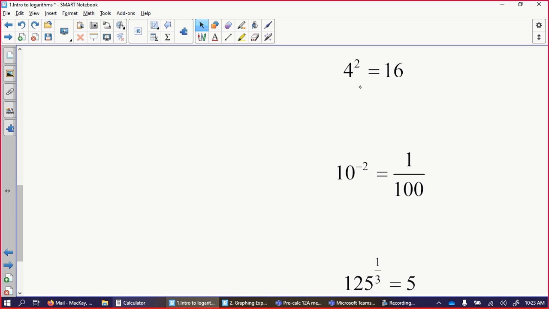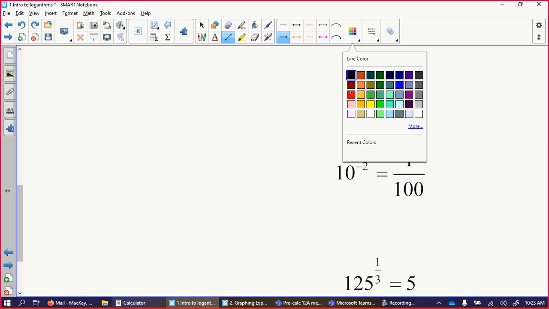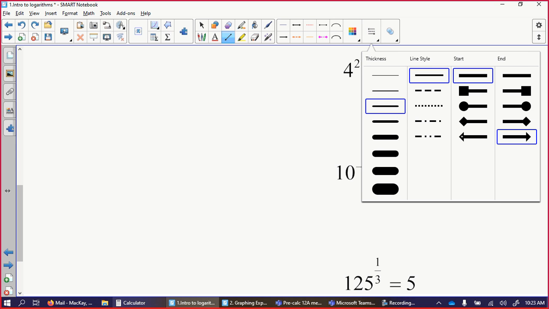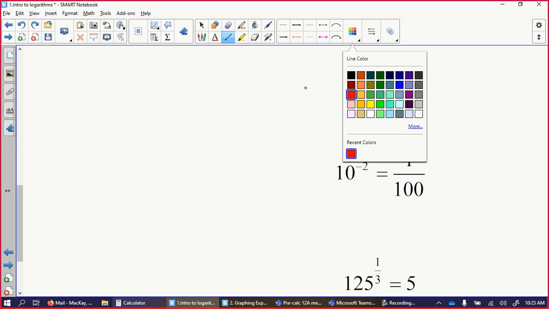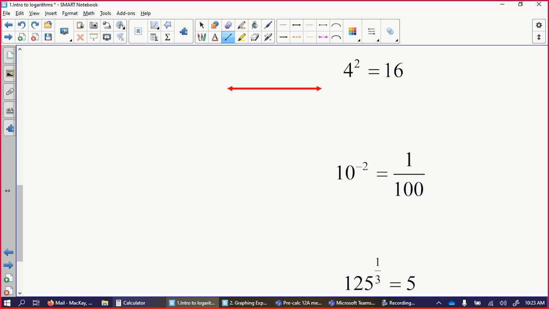If I want to write this as a logarithm, which is the opposite direction, we know 4 squared equals 16. Do I have a single-headed arrow? Of course not. How about I just use this one? 4 squared equals 16.